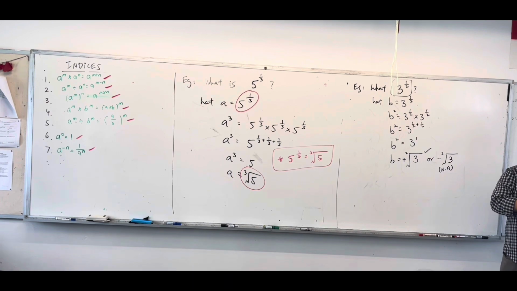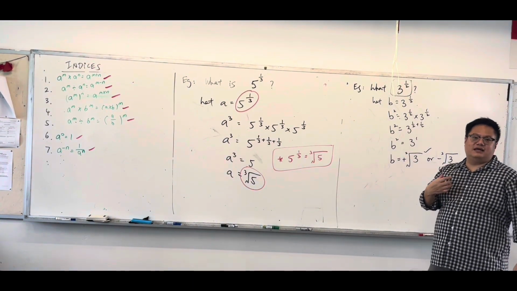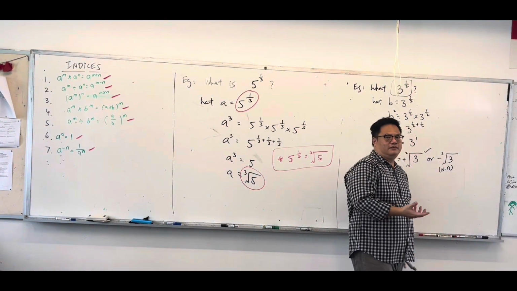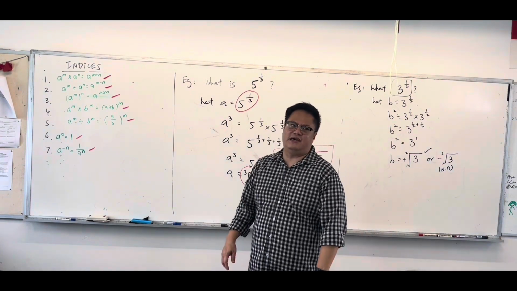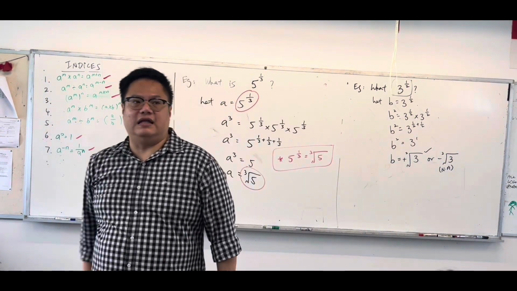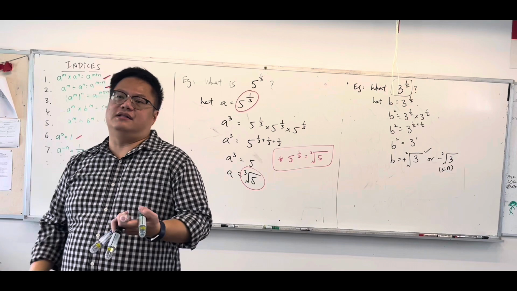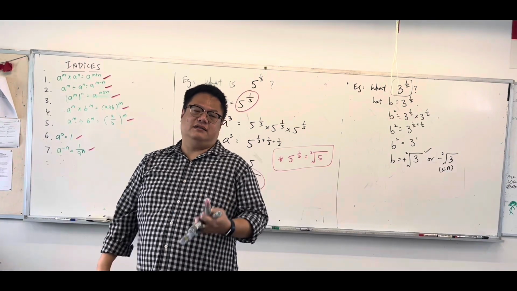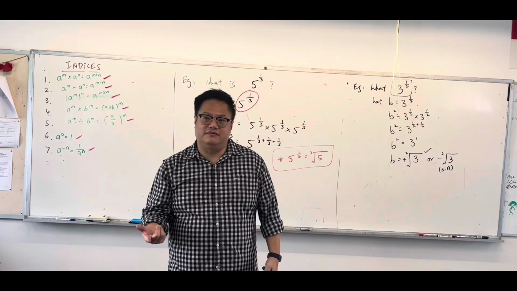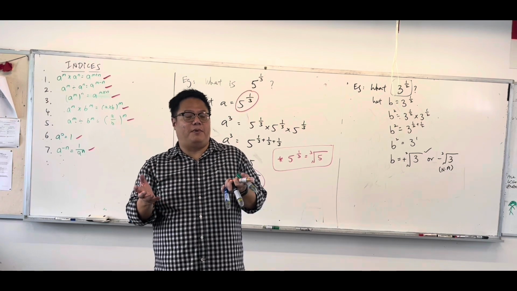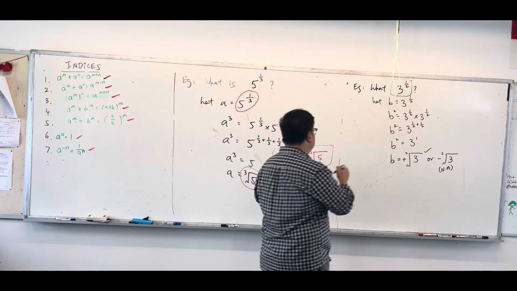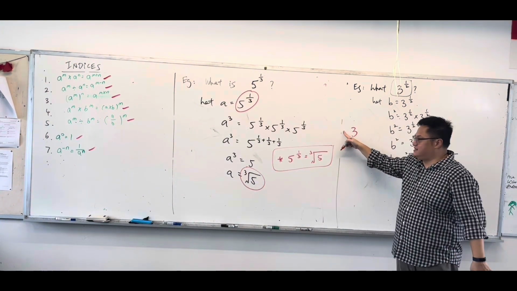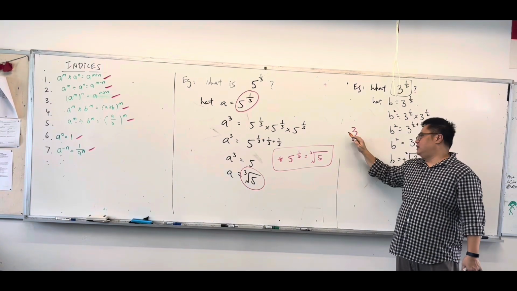Okay, why? Please watch. When you first start learning mathematics, not even primary school, in kindergarten, K1, you start learning how to count. The number 5, positive or negative? Positive, right? The number 3, positive or negative? I never tell you whether it is positive or negative. Just because of the number 3 in front, there's no sign. By default, you take it to be positive.